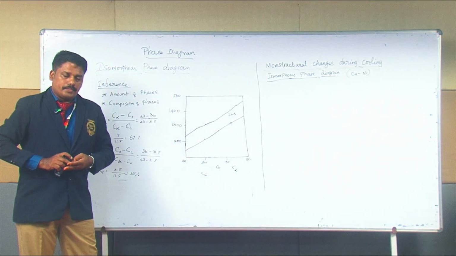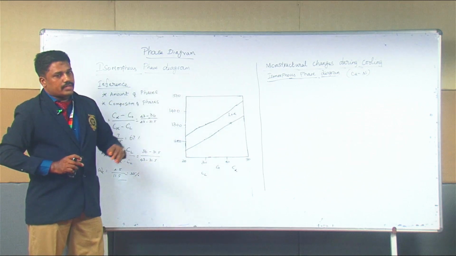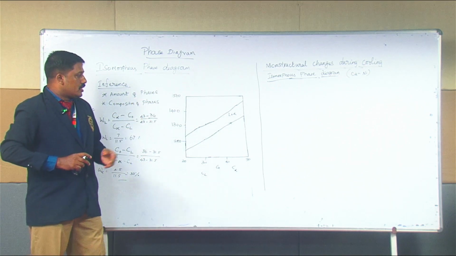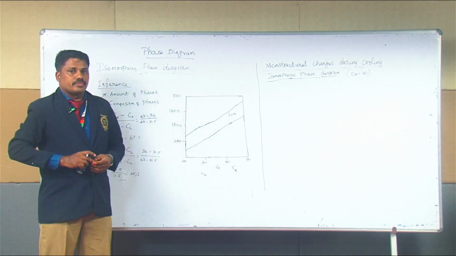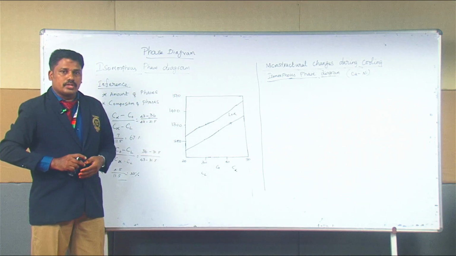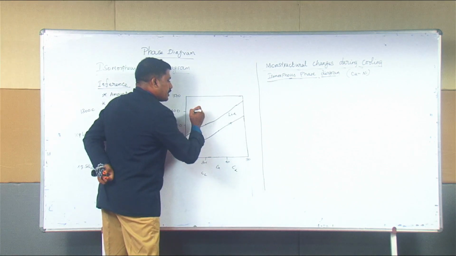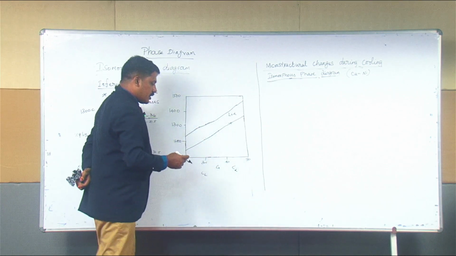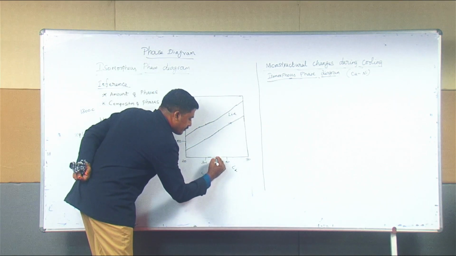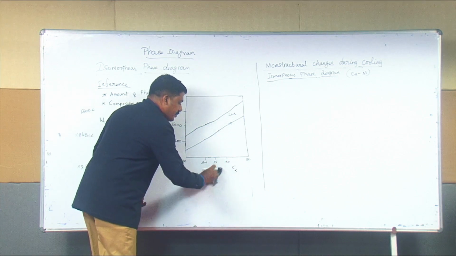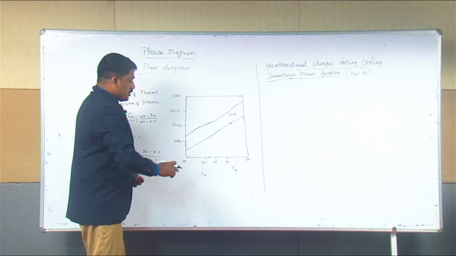During cooling, how does the copper nickel alloying system, the copper nickel isomorphous phase system, change with respect to cooling? At very high temperature, for example, we can take 35.